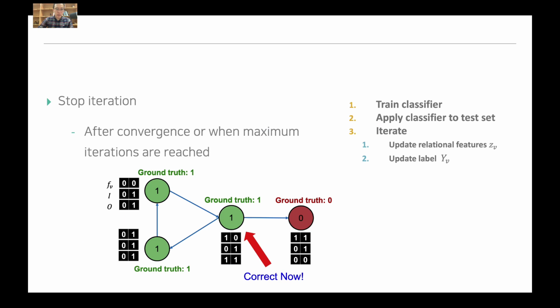We stop iteration when we observe convergence or when the maximum iterations are reached, because convergence is not guaranteed, and we introduce another type of parameter, maximum iteration. When the iteration reaches the maximum value, we stop updating.